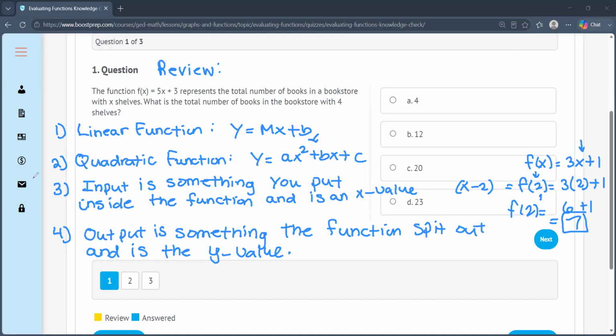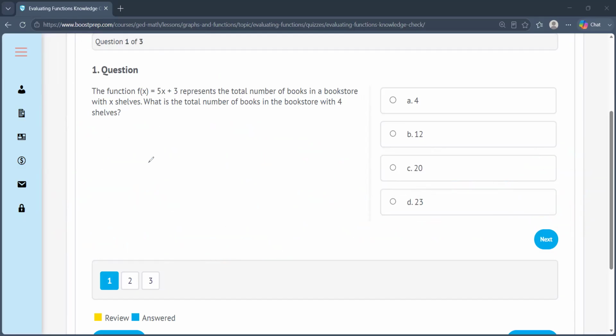Okay, first problem. Question 1: the function f of x equals 5x plus 3 represents the total number of books in a bookstore with x shelves. What is the total number of books in the bookstore with 4 shelves?